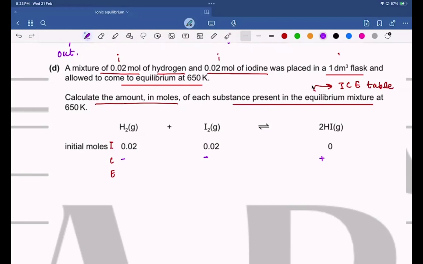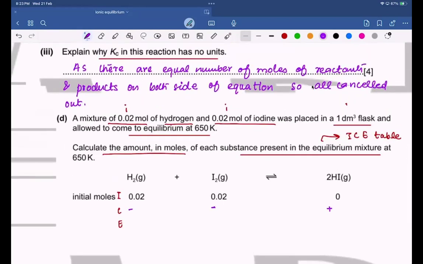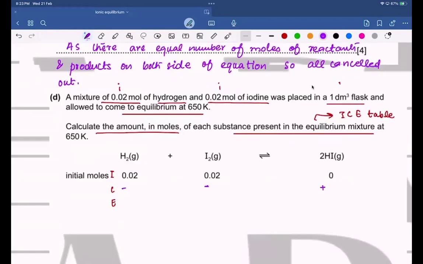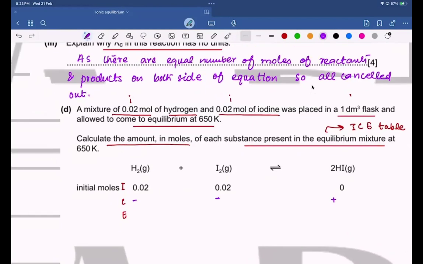Now, we don't know the actual change that is going to happen. There is one issue over here. In such kind of question, they always provide you the Kc value.